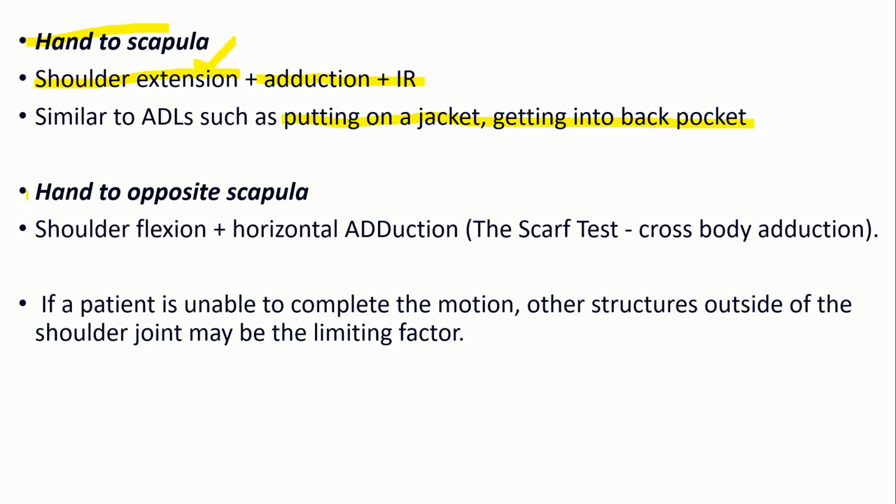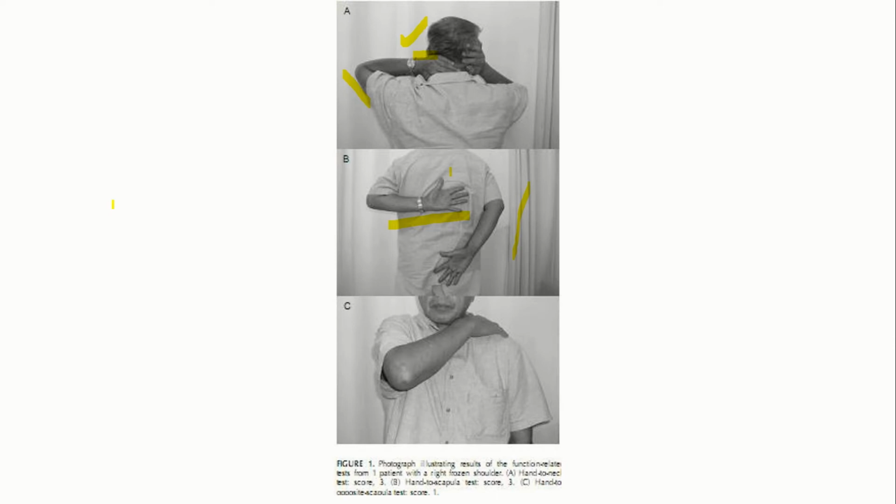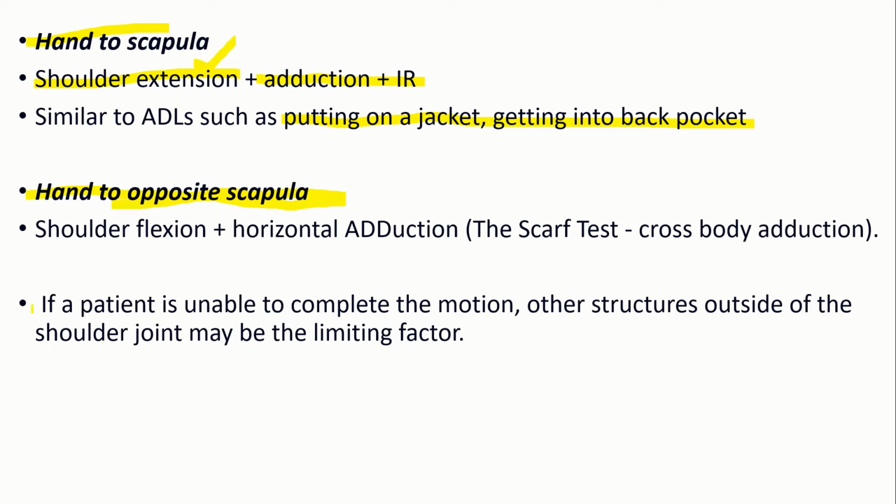Then we check for hand to opposite scapula. Here we tell the patient to touch the hand to their opposite scapula. In this, we are checking shoulder flexion along with horizontal adduction. If a patient is unable to complete the motion, other structures outside the shoulder joint may be the limiting factor.